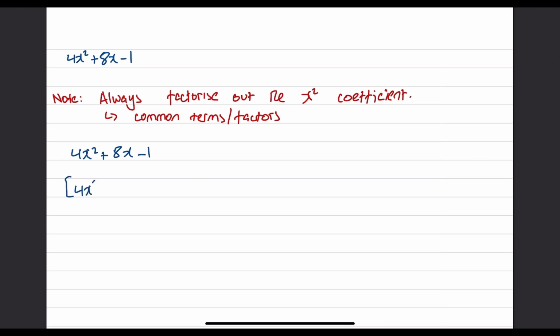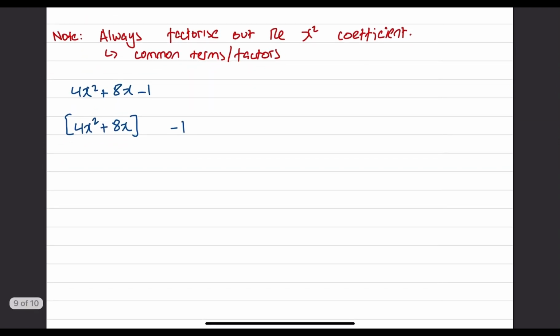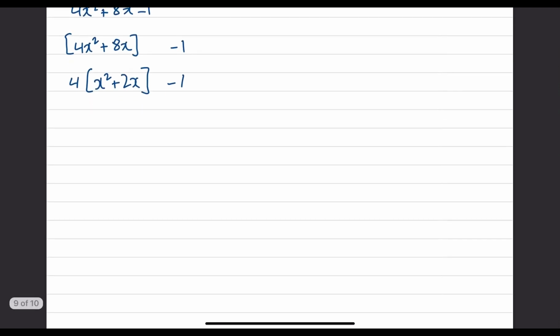So this becomes 4x squared plus 8x minus 1. Then what we do is just factor out the common term, which is 4. It has to be 4 because we need to get rid of the x squared coefficient entirely. So this becomes 4 times x squared plus 2x minus 1, and then everything you do stays the same.